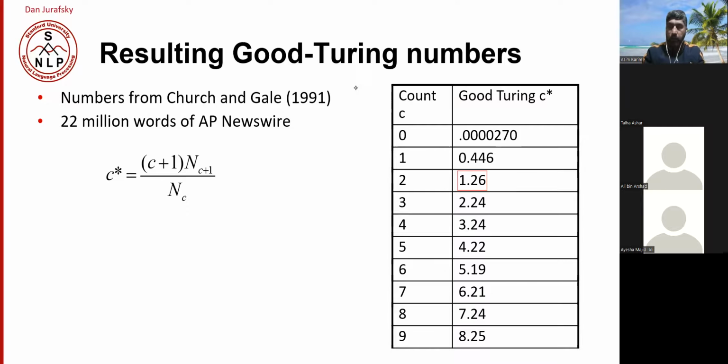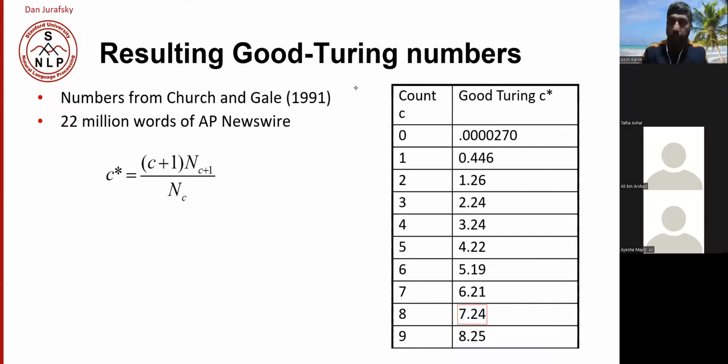If the actual count is 2, 1.26. Then 2.24, 3.24, 4.22, 5.19, and 6.24.